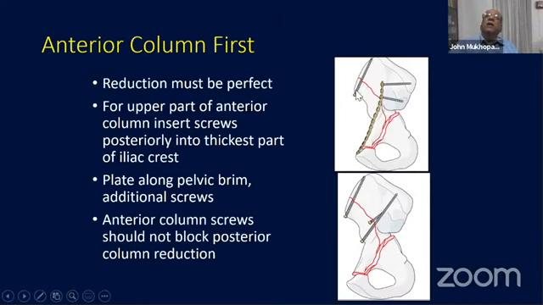You're going close to the crest, because in this area here the bone is so thin that it's very hard to get purchase. So try to get this screw, and then you can sometimes put a lag screw and a plate along the iliac crest to give you additional fixation.